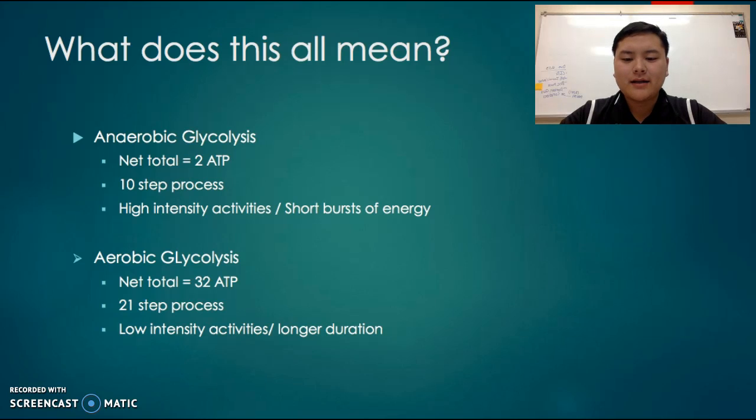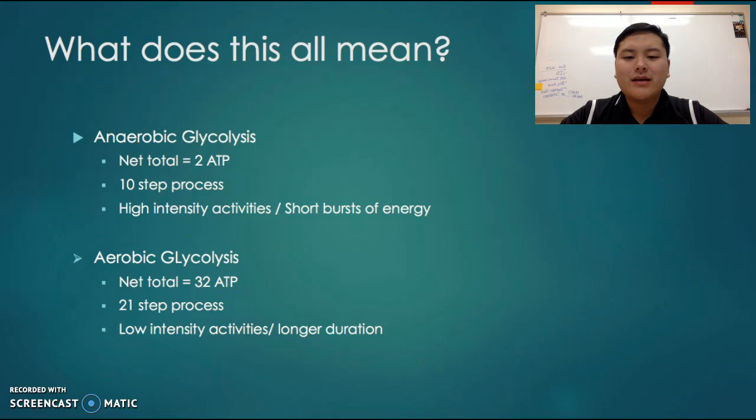In aerobic glycolysis, it's a 21-step process, more than doubled anaerobic, but it produces 32 ATPs. That's a huge difference. That's because your body knows that it has the time to actually produce all this energy for you to run your mile or run an hour.